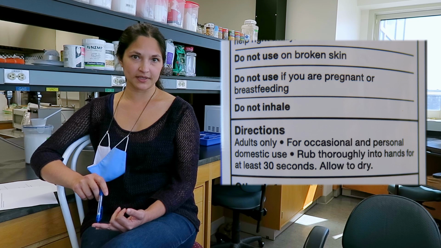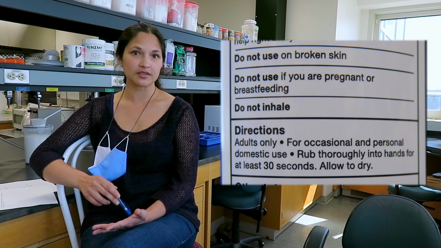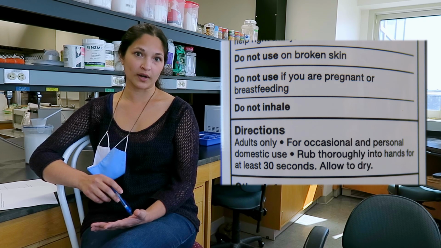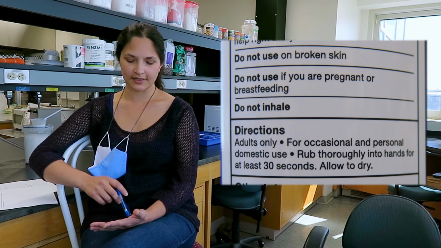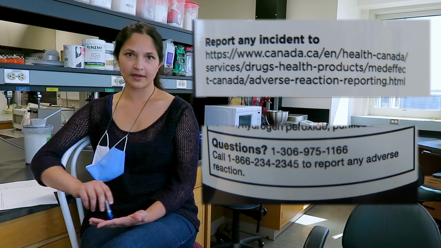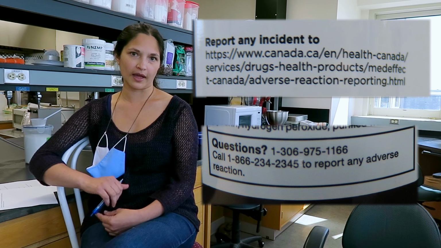It should not be used on broken skin because that changes the exposure of the body to whatever impurities are in that technical grade ethanol. There should be a phone number and directions to call if you experience any problems with this product.